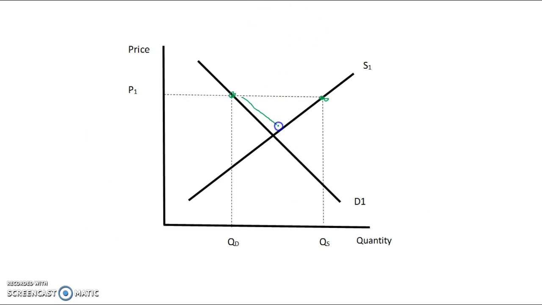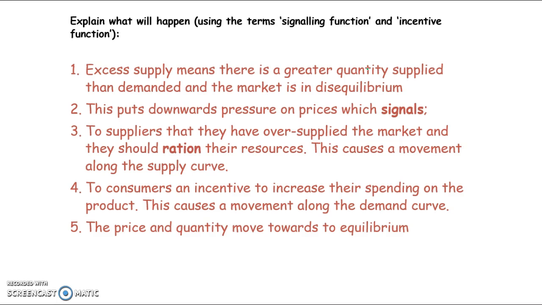We've got consumers, maybe there's an incentive for them to consume more, and we've got the suppliers maybe rationing some of their resources because it's not as profitable as it used to be being in that market. Okay, so those are all the specification objectives for equilibrium, and the other section that I'm going to look at in another video, not in this one, is looking at the connection between different markets.